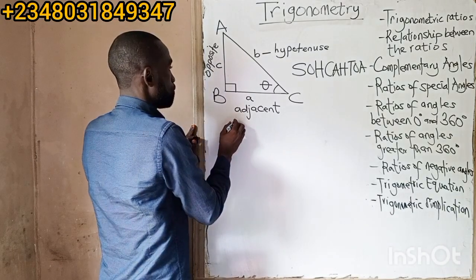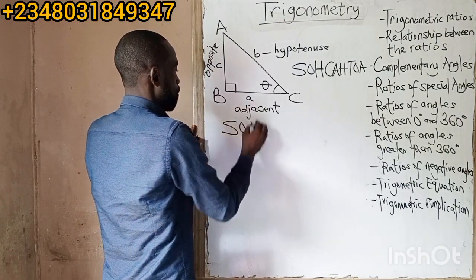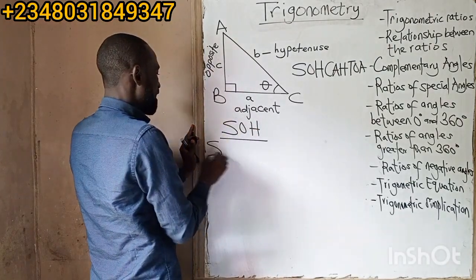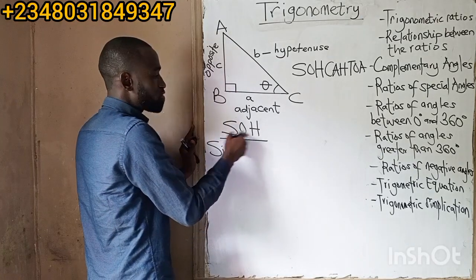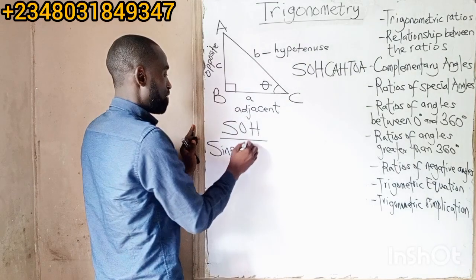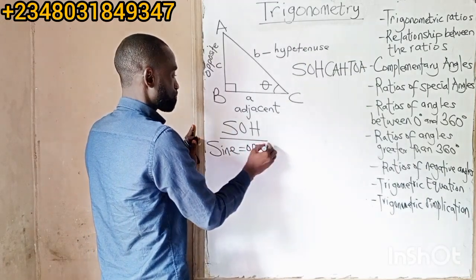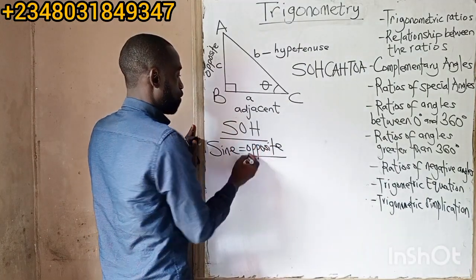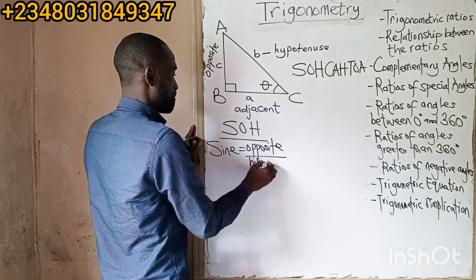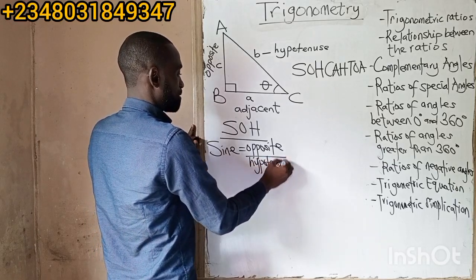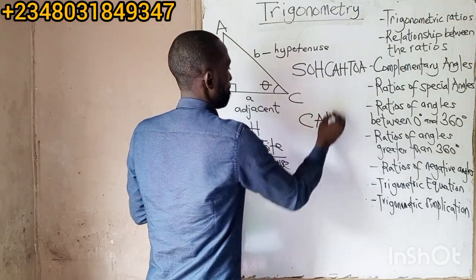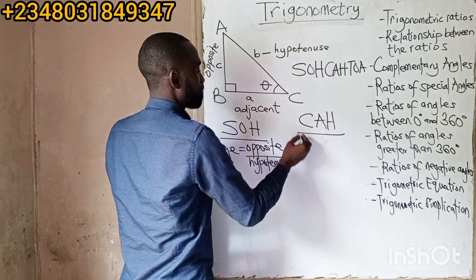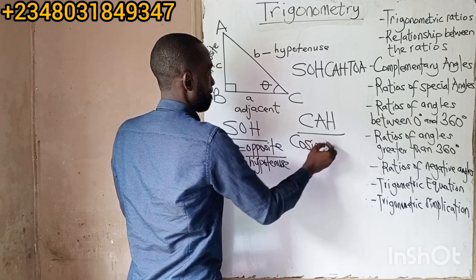So the three ratios we have. S means sine, and sine is equal to opposite all over hypotenuse. Then C stands for cosine.